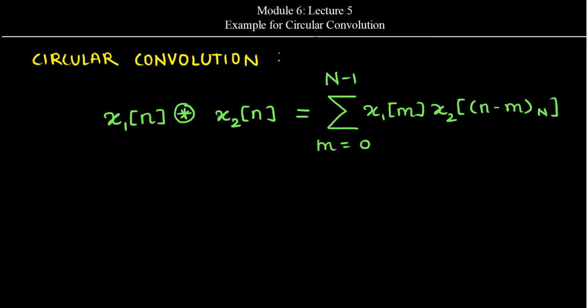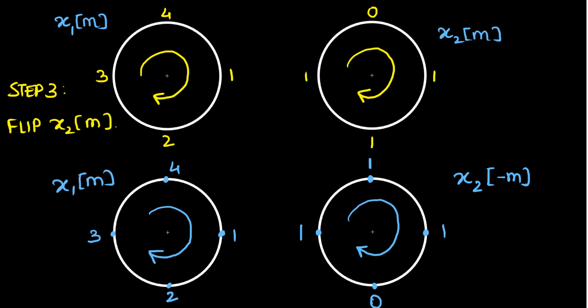That is, this shifting is to be done from 0 to n minus 1 times, and the value of this n would also range from 0 to n minus 1. That is, this n is also to be varied from 0 to 3 in our case.